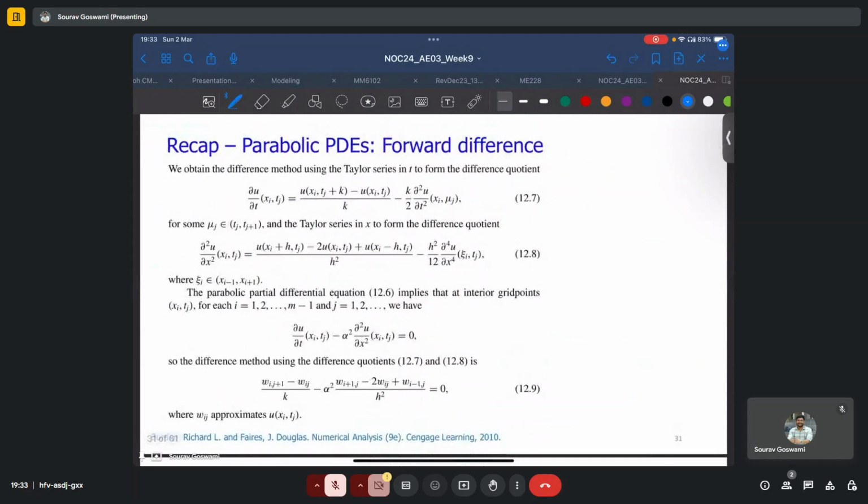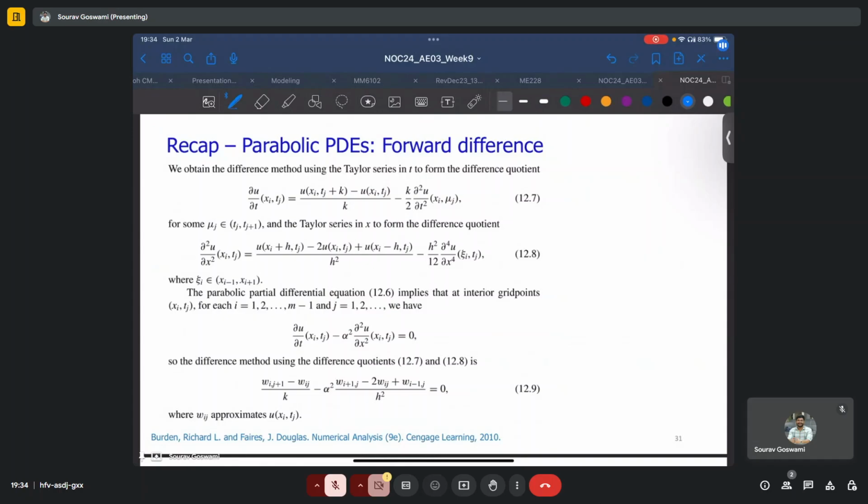Again, for the forward difference scheme, we obtain the difference method using Taylor series in t to form the difference quotient as given in equation 12.7. Again, from Taylor series in x to form the difference quotient as given in 12.8.